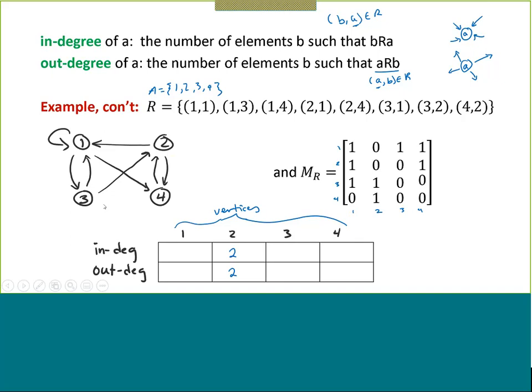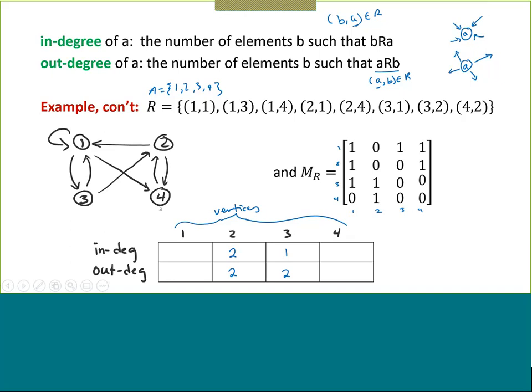Don't overthink it. Yep. In degree would be 1 because you only have one arrow coming in. Out degree would be 2 because you have 2 arrows leaving. And it doesn't matter that you've got these 2 double arrows going between 1 and 3. You count each of them separately because they're 2 different arrows.